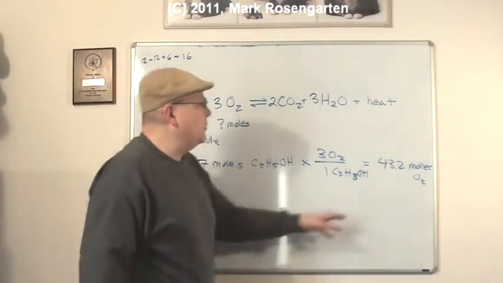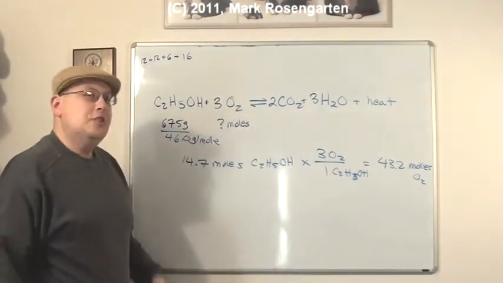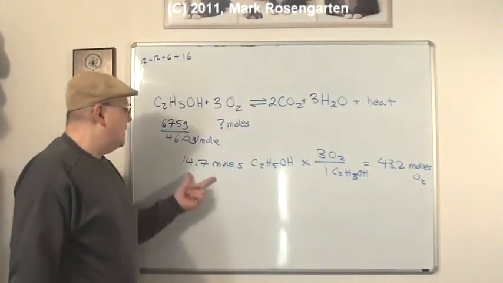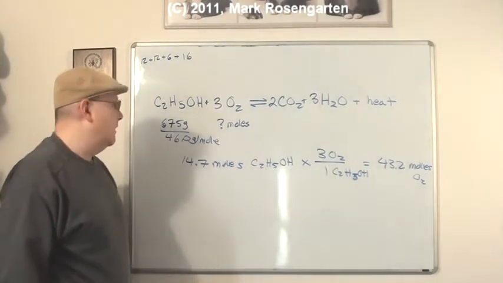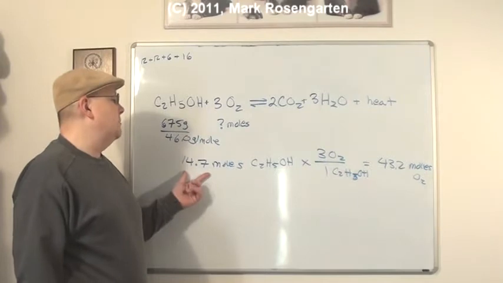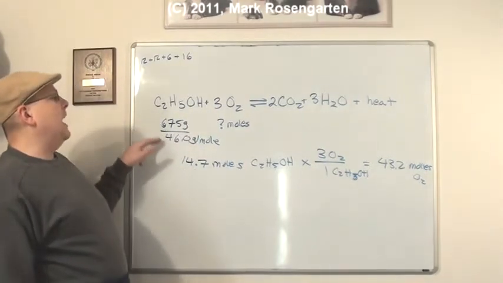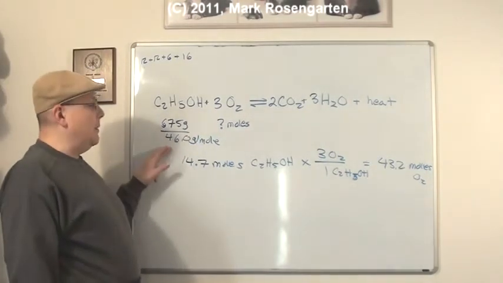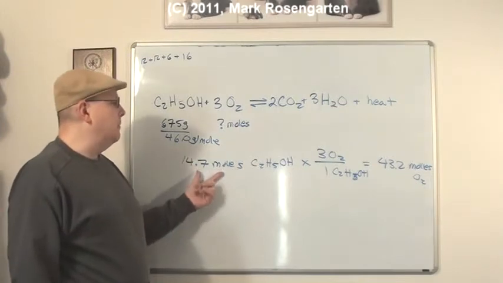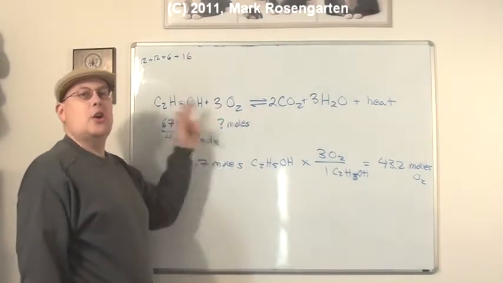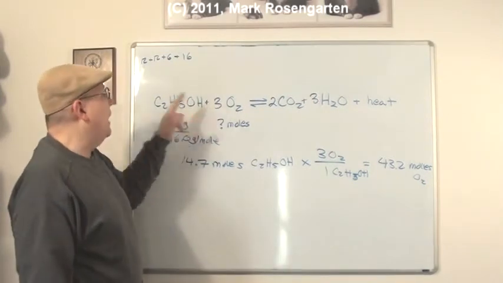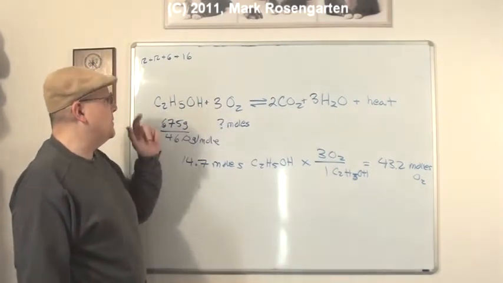So you need 43.2 moles of oxygen to completely react with 14.7 moles of ethanol to completely combust it. 14.7 moles we get from dividing the grams we're given by the gram formula mass. Once we have the moles, we have to use the stoichiometric ratio using the coefficients of our desired substances.